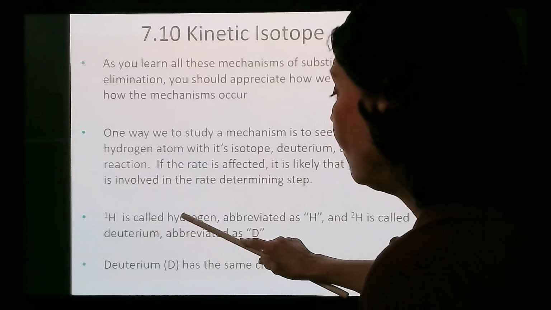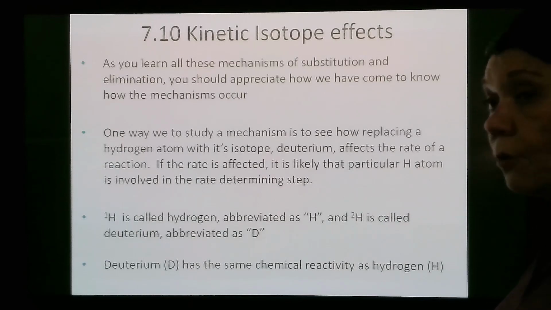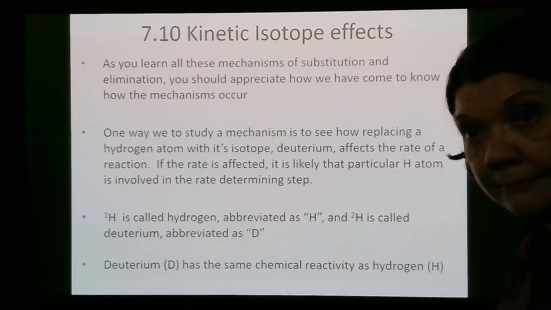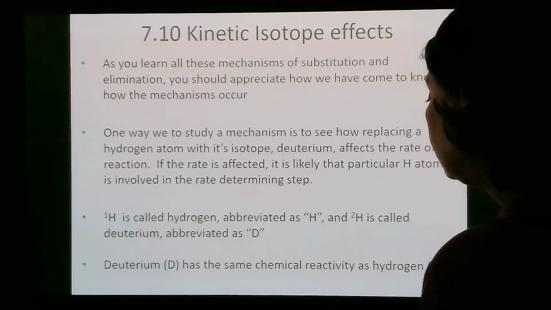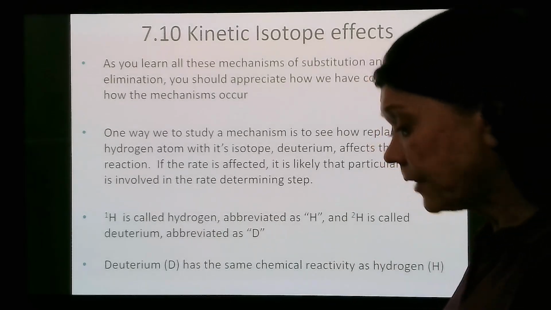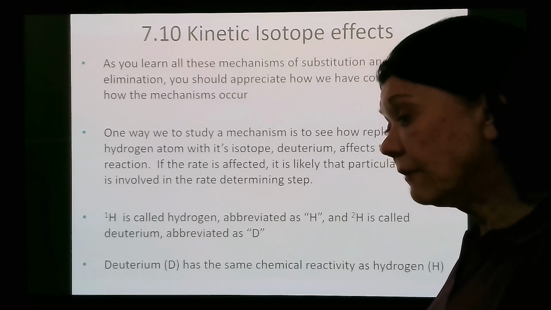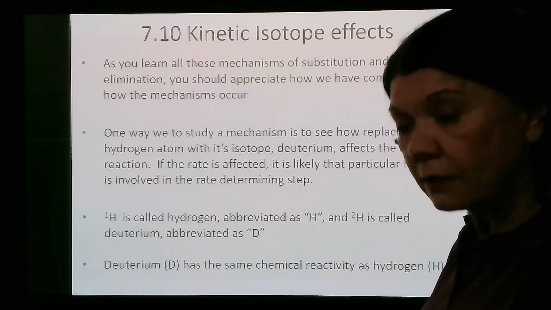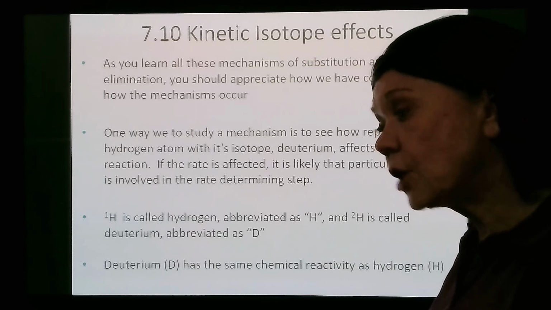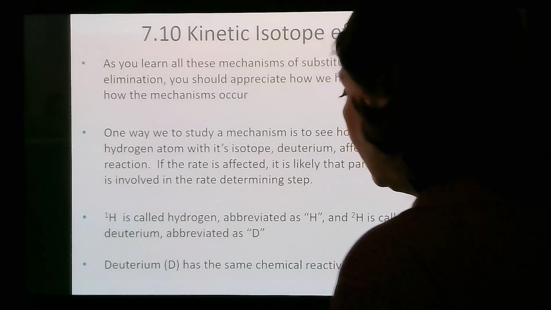Hydrogen is just a proton. Well, deuterium is a proton with a neutron. Okay, so it's 2H. So deuterium is heavier, and you might think of it as larger, but it's not. The neutron is very tiny, and it's in the nucleus of the atom.